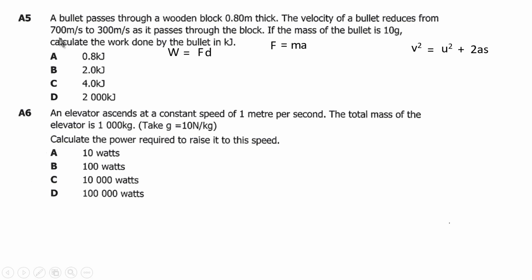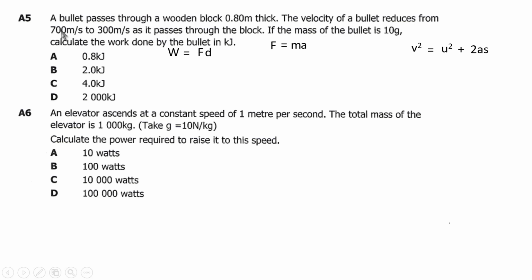So this 700 is the initial velocity, when they say the velocity of the bullet reduces from 700 meters per second to 300 meters per second. So this one becomes initial, this one becomes final.